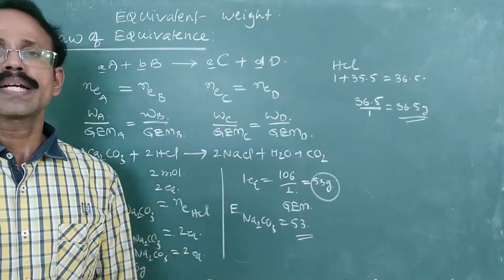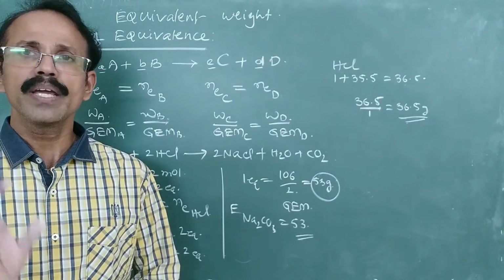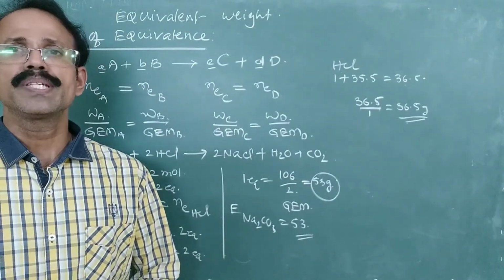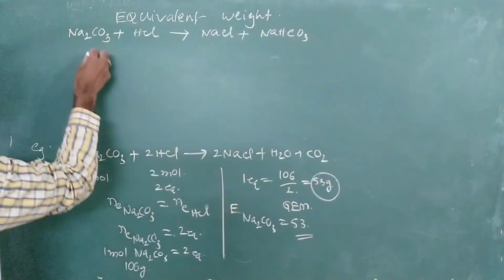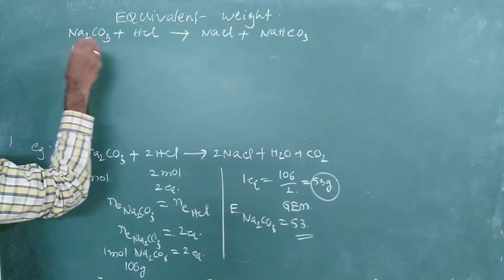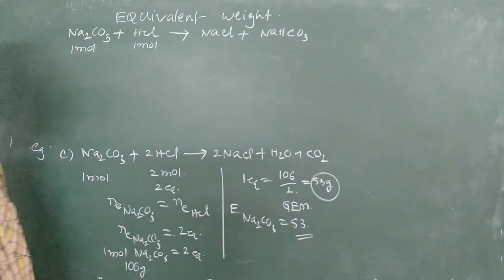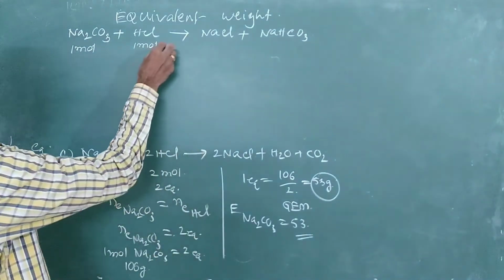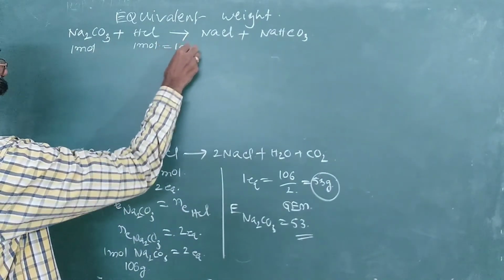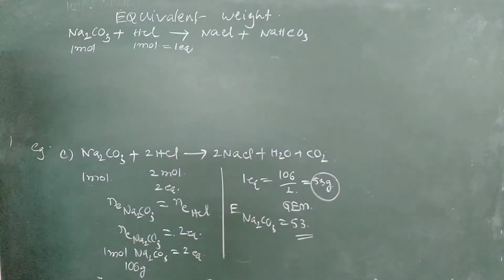Okay, so let us consider another scenario where only 1 mole of HCl is reacting with sodium carbonate. Now here 1 mole of sodium carbonate is reacting with 1 mole of HCl. Okay, so 1 mole of HCl is equal to 1 equivalent, because the basicity of HCl is 1.